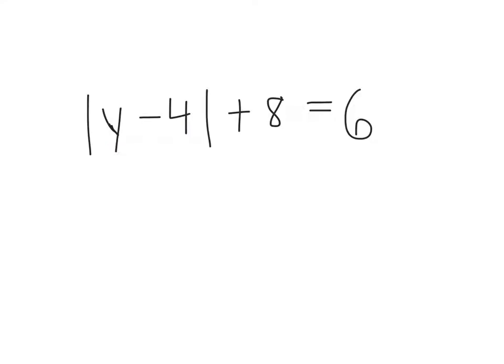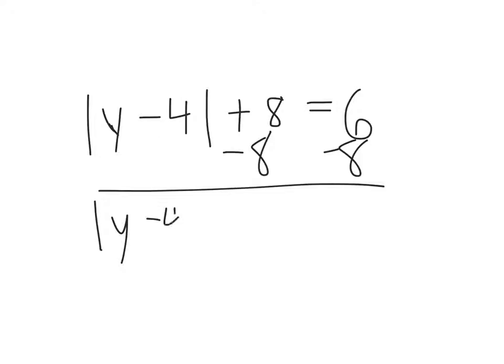Here, once again, we have stuff on the outside we need to take care of first. So we're going to subtract 8 from both sides. Then we're left with absolute value of y minus 4 is equal to negative 2. Okay, at this point, the reason why I did this problem is there's a key idea here.